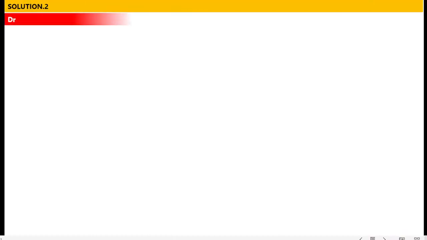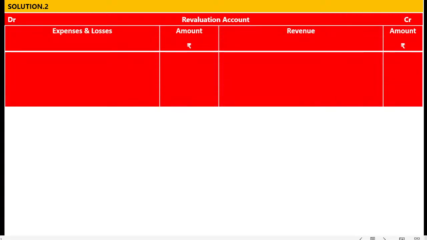Solution to concept number 2. Revaluation account. Draw the revaluation account format like this. Debit side: expenses and losses, amount rupees. Credit side: revenue, that is income, profit, gain, amount rupees. Or you can write particulars on both the sides. When there is an increase in the PDD, as per the American accounting system or accounting equation approach, two accounts are involved: one is revaluation account, another one is PDD account.